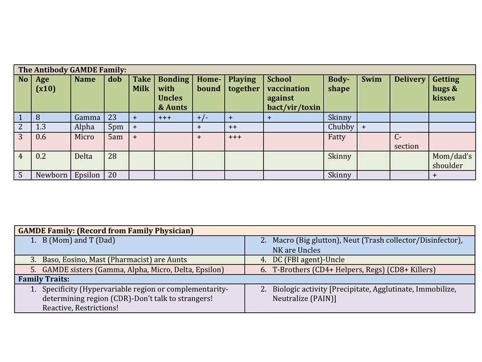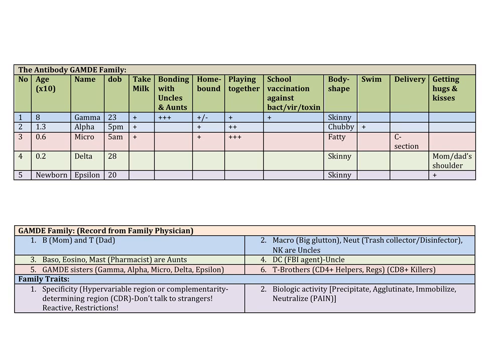And the last slide is a recap of what I said earlier. A larger family: we already talked about B and T, mom and dad. Then we have other members in the family, like the macrophage, which is a big glutton. We have neutrophils, which are the trash collectors and disinfectors, and there are some other natural killers, or uncles.